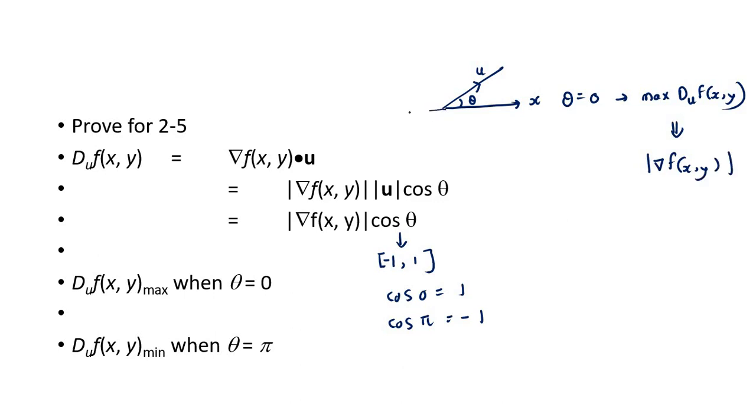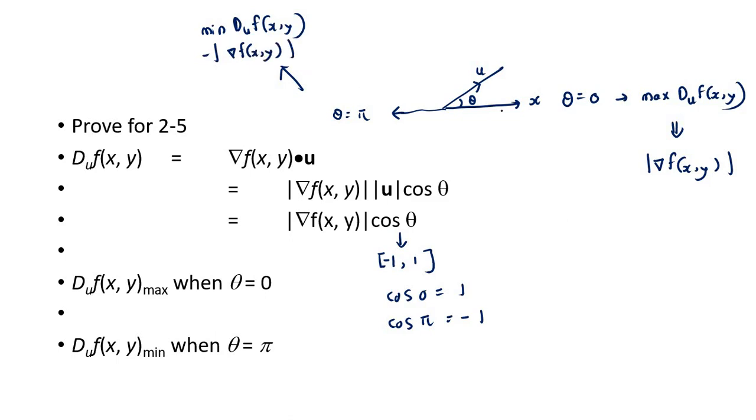Here, theta equal to pi gives the minimum directional derivative, where the magnitude is the negative of the magnitude of the gradient vector.